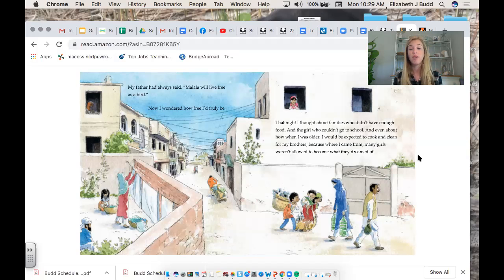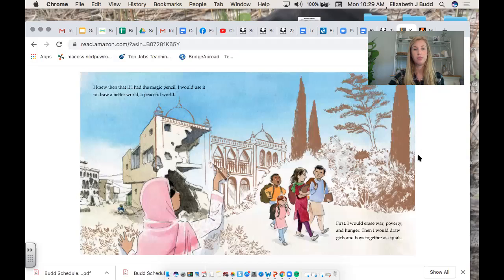Because where I came from, many girls weren't allowed to become what they dreamed of. I knew then that if I had the magic pencil, I would use it to draw a better world, a peaceful world. First, I would erase war, poverty, and hunger. Then I would draw girls and boys together as equals.